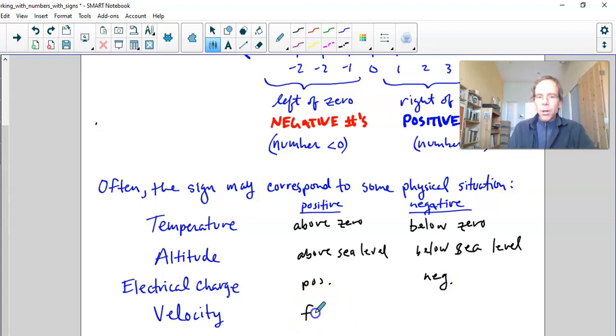Positive would be where you're going forward. Negative would be going backwards, velocity. Like speed, but the direction's involved. Usually we think of speed as always being positive, but velocity can be negative. All right.